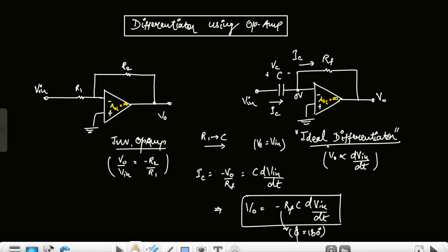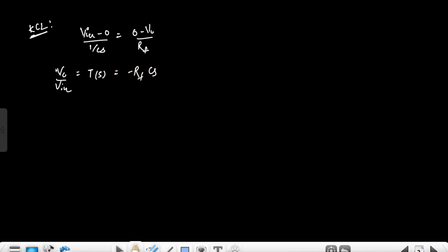Now the transfer function of this ideal differentiator. For getting the transfer function, we will apply KCL at the inverting terminal. So KCL will be (Vn minus 0) by (1 upon Cs) equals (0 minus V0) divided by RF. So V0 by Vn, which is the transfer function, is equal to minus RF C s.